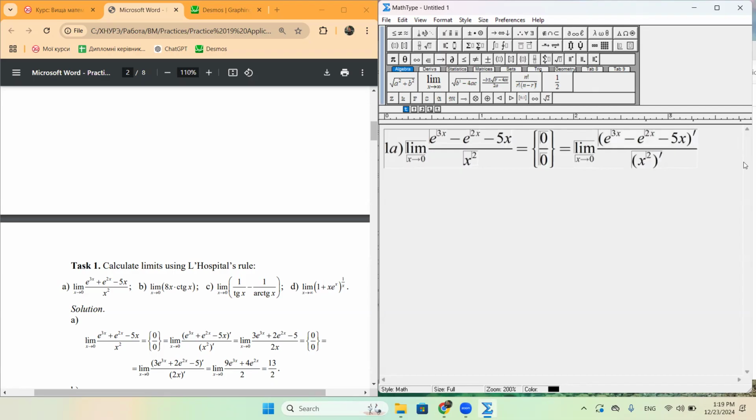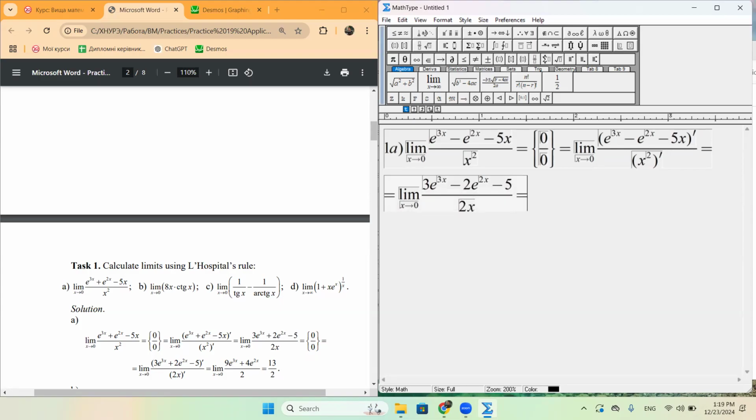So both the numerator and the denominator. Okay, so 3, 2, and minus 5 here, and 2x.